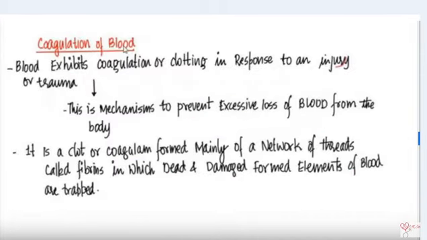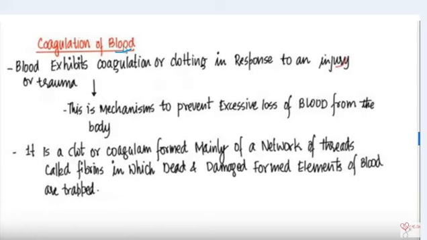Now the next topic is coagulation of blood. What does this term mean? Blood exhibits coagulation or clotting in response to an injury or trauma. That means coagulation of blood happens at the time of injury or trauma.